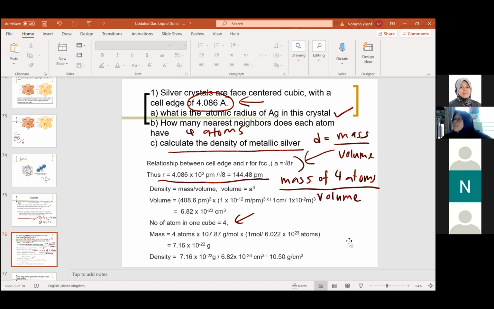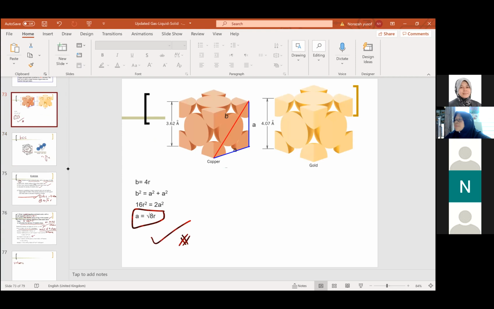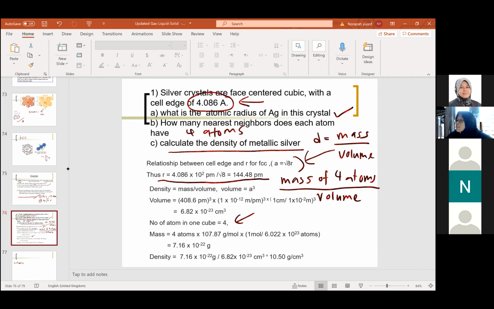First solve the volume. From this picture, volume is A to the power of 3, a cube. You know the cell edge length, you know the value of A, so you just calculate.